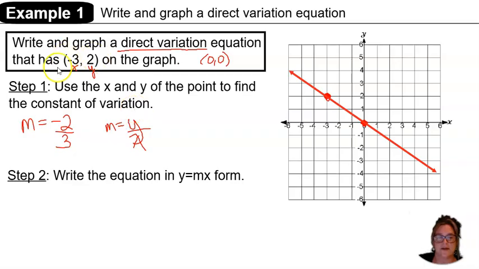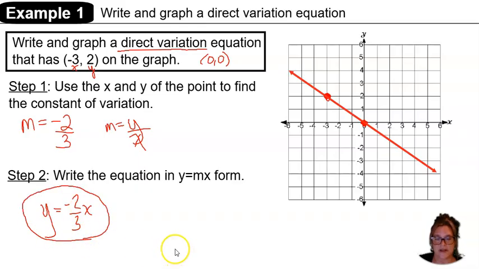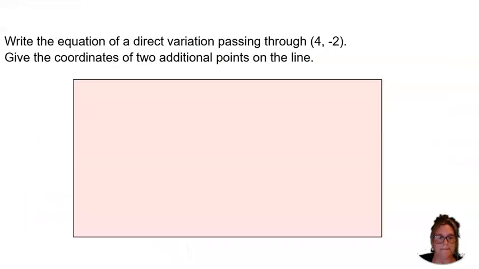And so we see that 2 divided by negative 3 is negative 2/3. So our constant of variation is negative 2/3. So to write the equation of the line that we see in the graph, that's y equals the slope, negative 2/3, times x. That is the direct variation equation.